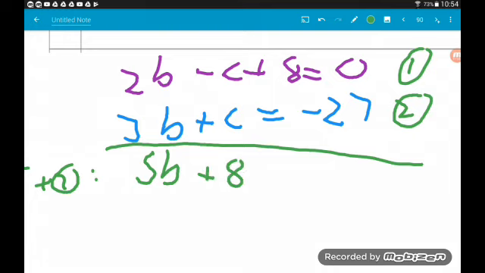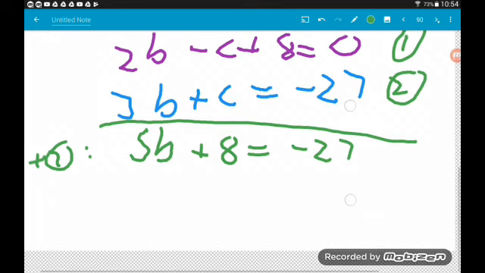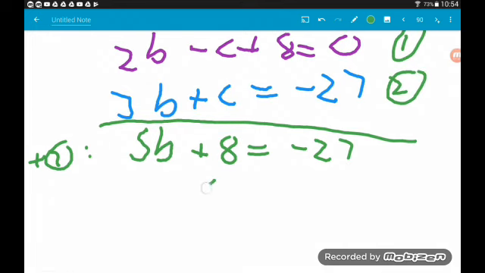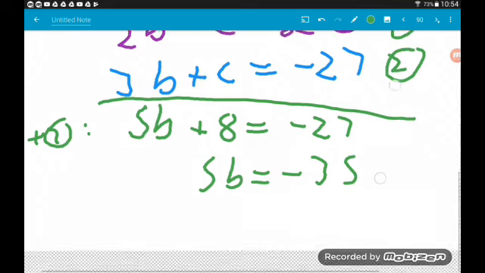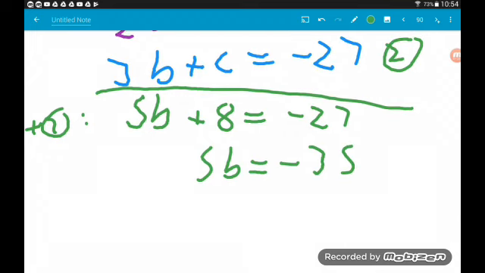And then on the right we've got a 0 add minus 27, which is minus 27. If we then take away that 8, we get 5b is minus 35. Okay, dividing by 5 tells us then b is equal to minus 7.